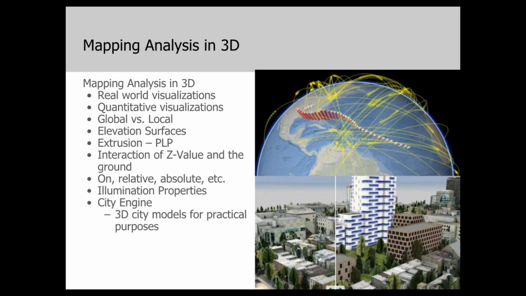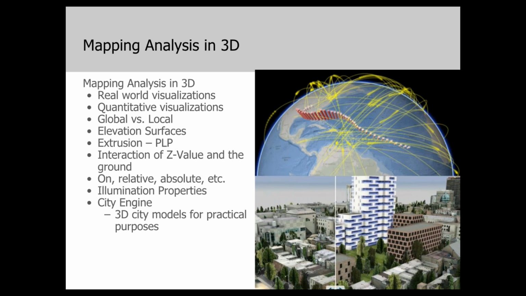Moving on, when we talk about 3D and mapping, ArcGIS Pro uses illumination properties essentially to give that 3D scene a very lifelike look and feel. It's very neat stuff because you can essentially view a 3D scene as it would appear at dusk or at dawn versus high noon.